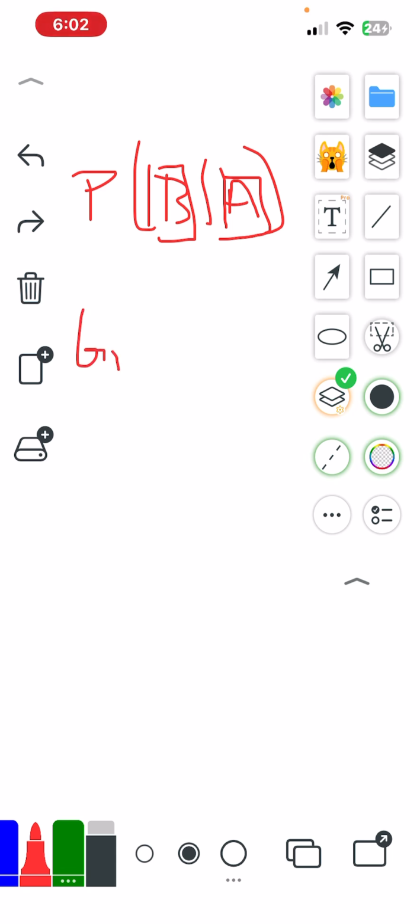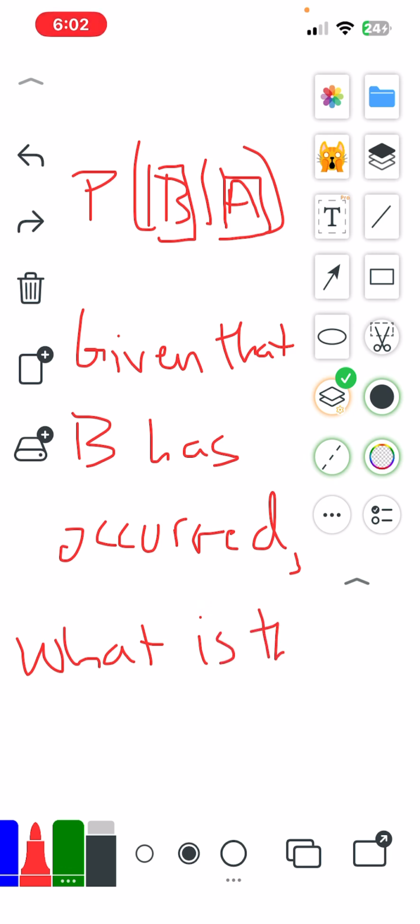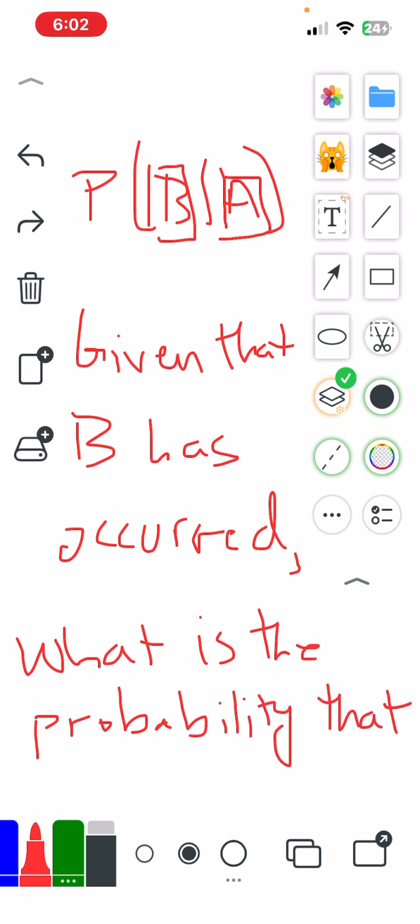Given that B has occurred, what is the probability that A will happen?